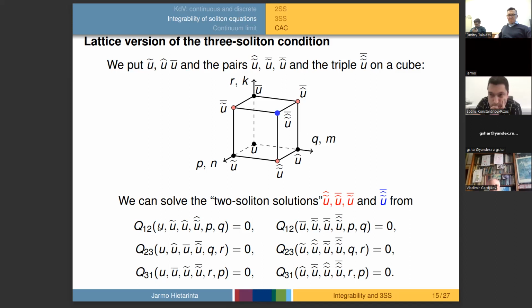It depends on a background U, one soliton, another one soliton, and a two-soliton. I have drawn it here at the bottom. So given these black dots, I can compute the red dot from this formula. And the same holds for each of the sides.